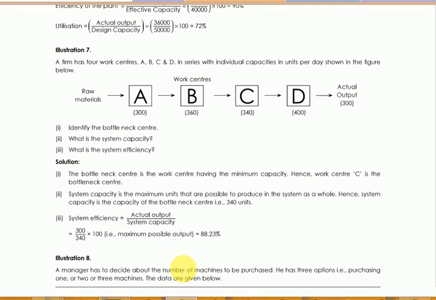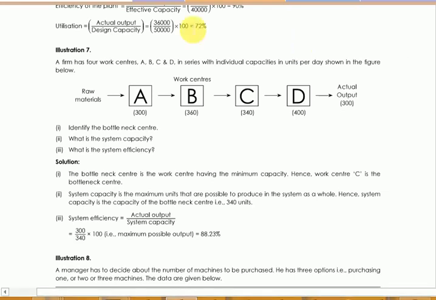Now the last problem of capacity planning, they are asking us to find out the break-even points. Out of these 4 problems of capacity planning, the last problem, problem number 4, is one of the most important problems.